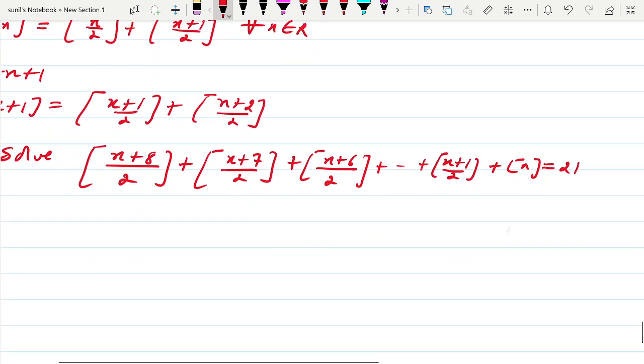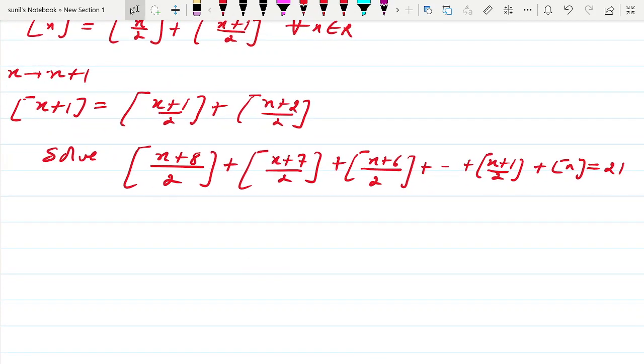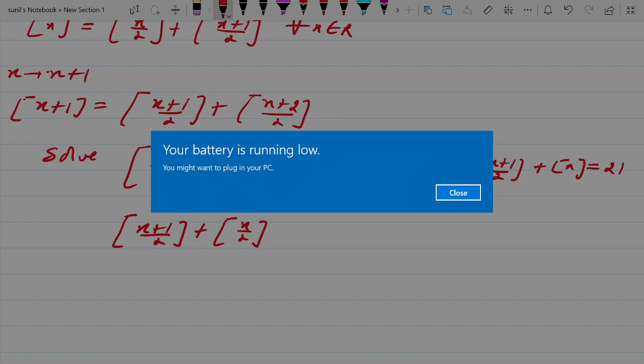Now let us simplify it. Again I am stating the property that bracket (x plus 1) by 2 plus bracket x by 2 is equal to bracket x. Now try to understand how we will simplify it.